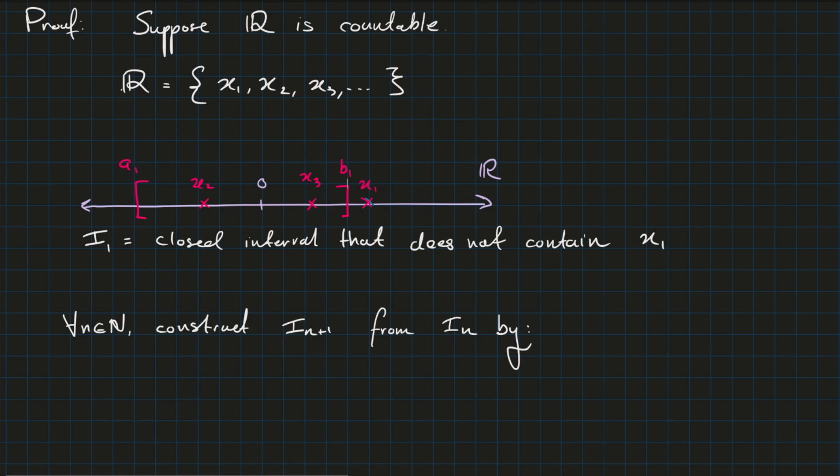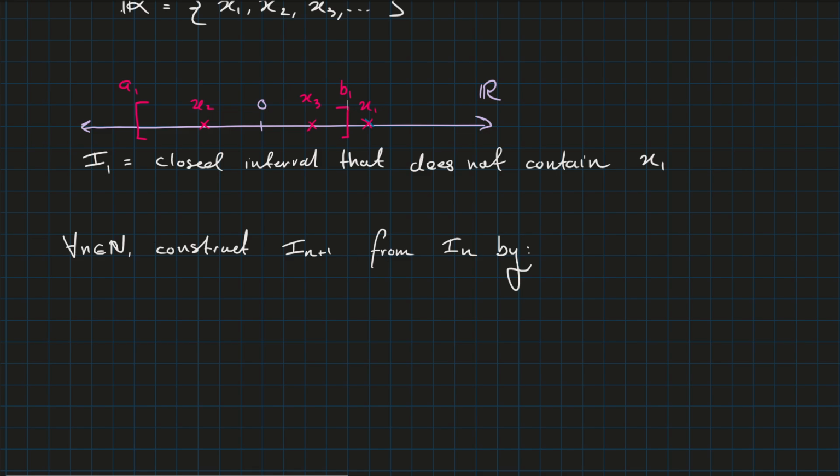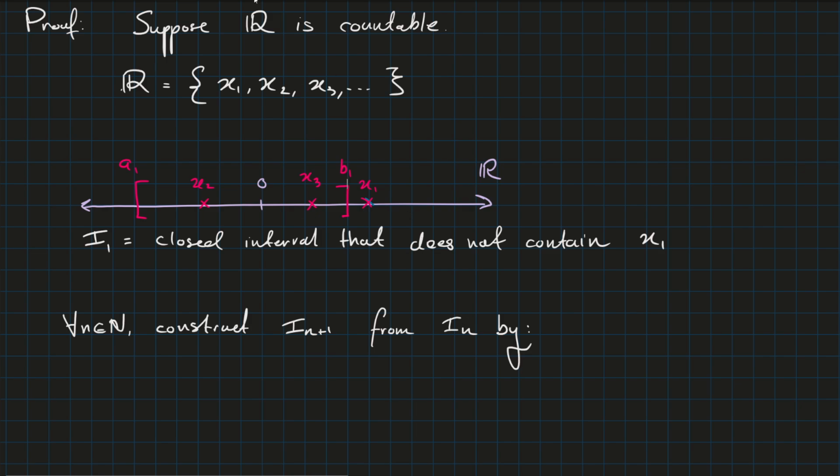so yeah, we are constructing, maybe we use n starts at 1, whatever. Not a big detail. From I_n by, okay, and this is what we're going to do. So we're going to take the previous interval I_n, split it into two closed subintervals.